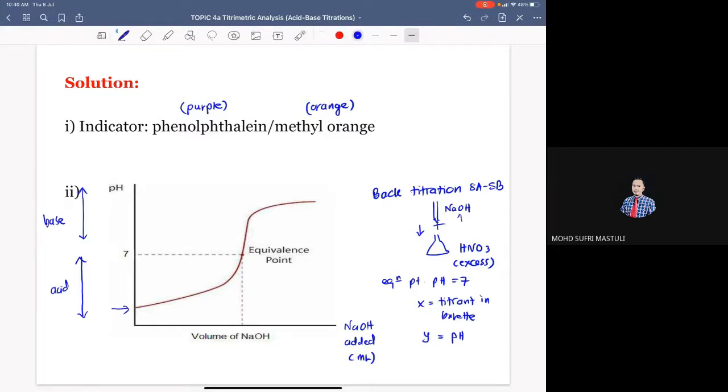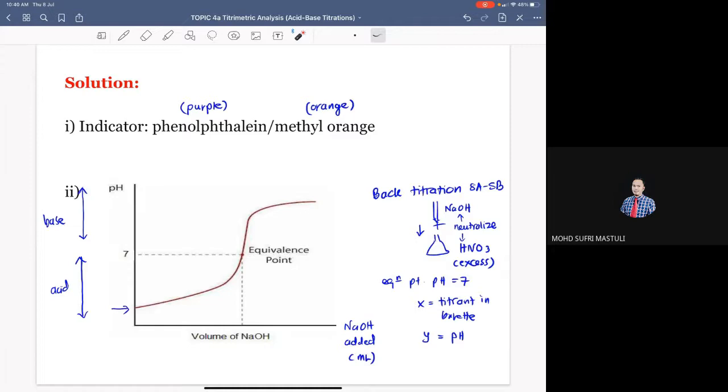These two will be neutralized to each other. Okay, so this is the reason why our curve looks like this, not like this.